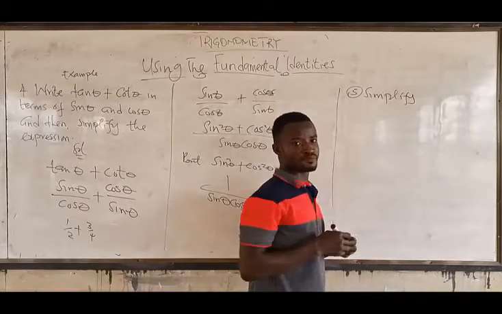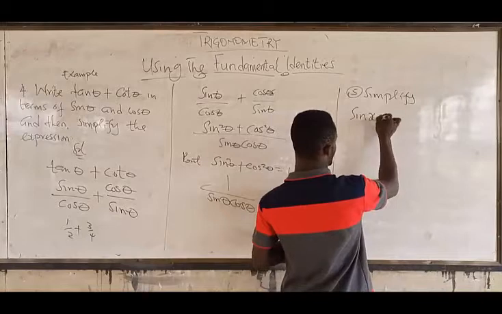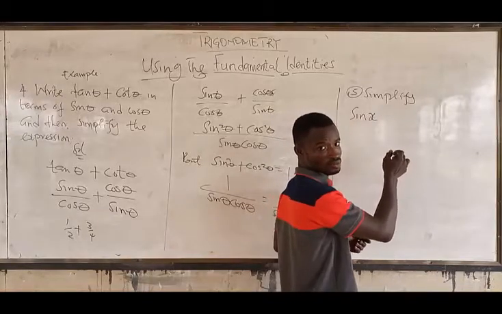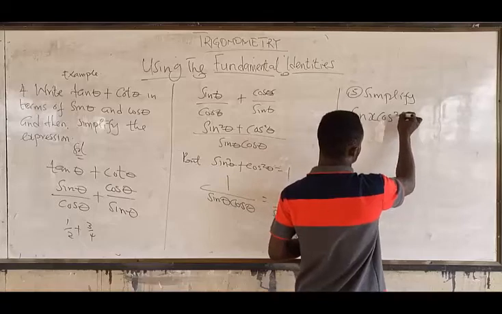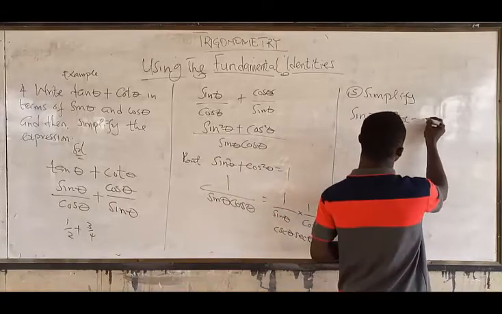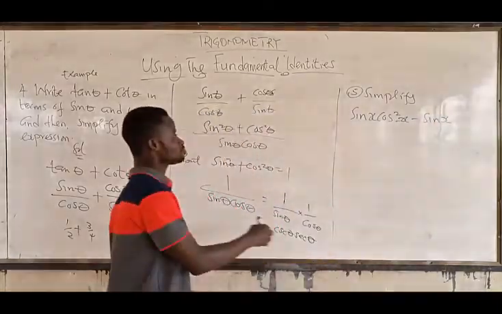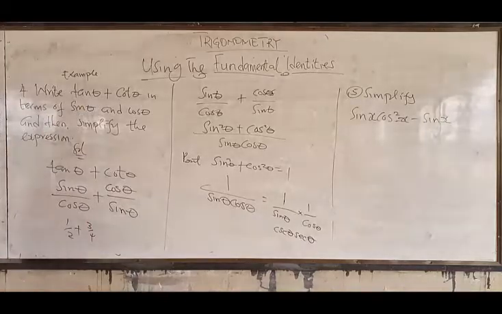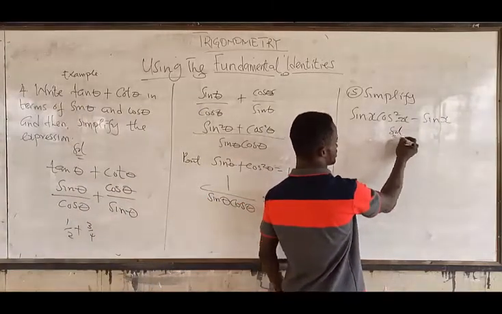And that is: simplify sin x cos square x minus sin x. Very good. So the fifth question is on the board and we have to simplify this.